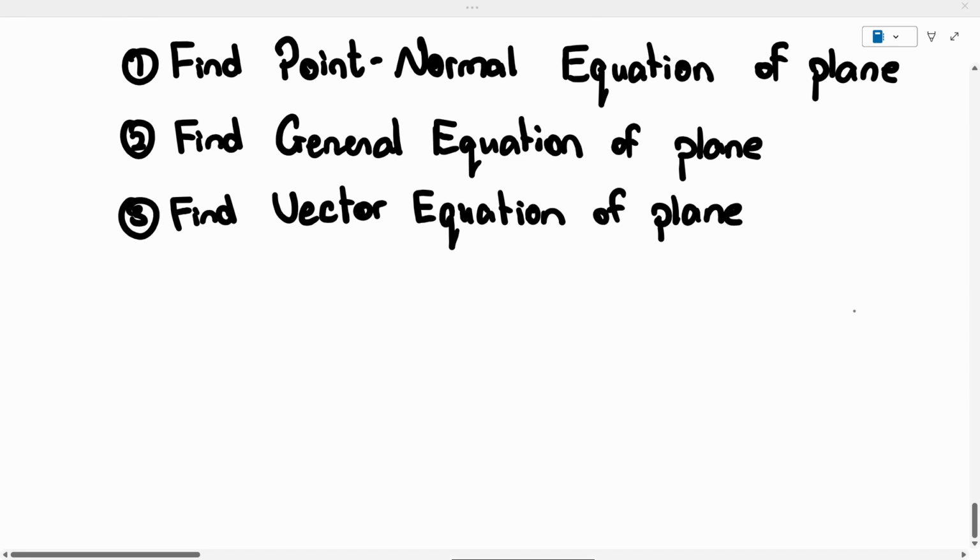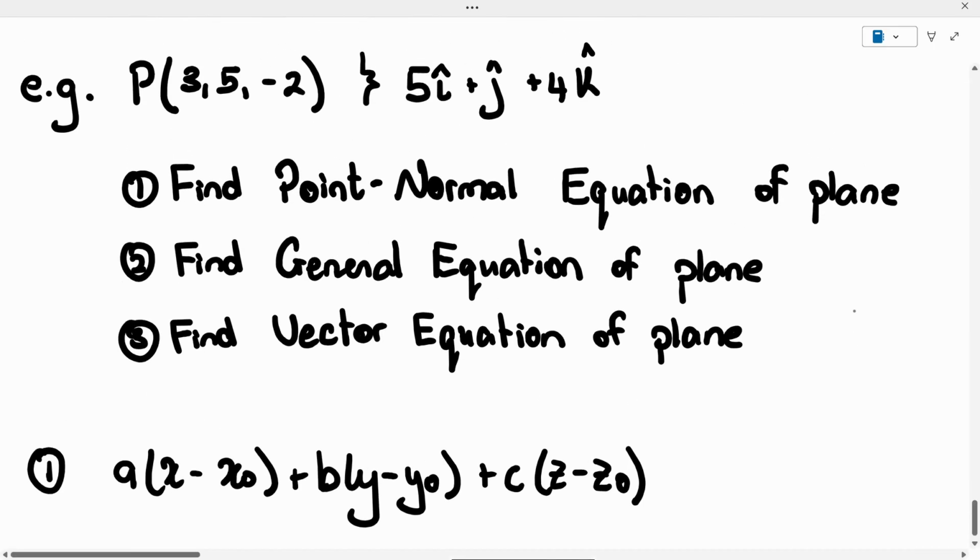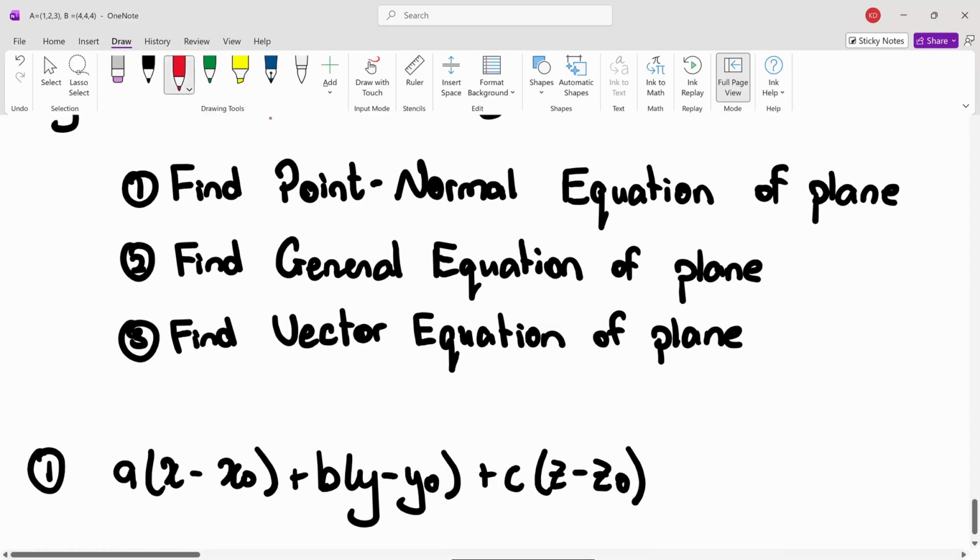Okay, so point normal equation, we need a(x minus x0) plus b(y minus y0) plus c(z minus z0). Okay, what are our a, b, and c? A, b, and c come from the vector that is perpendicular to the plane.